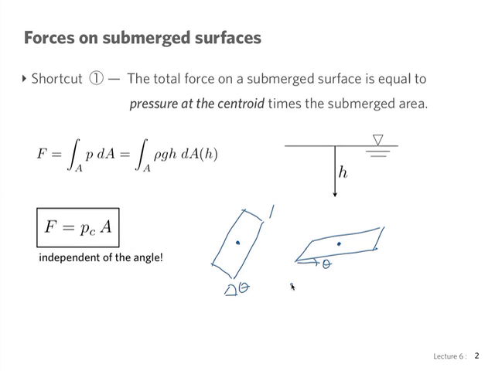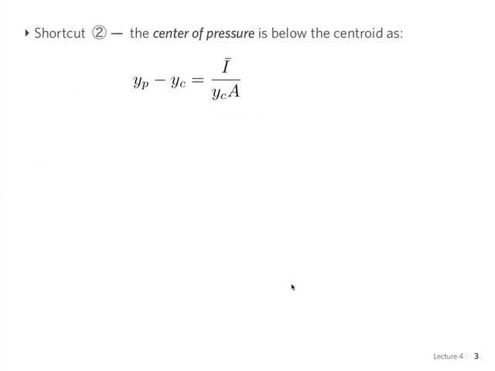And let's move to another shortcut, shortcut number 2. Remember, I said we can calculate the magnitude of the resultant force by using the depth of the centroid. But the line of action of the force is not on the centroid. The reason is that the pressure increases as you go deeper and deeper.